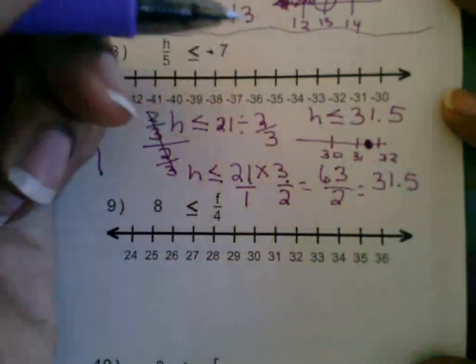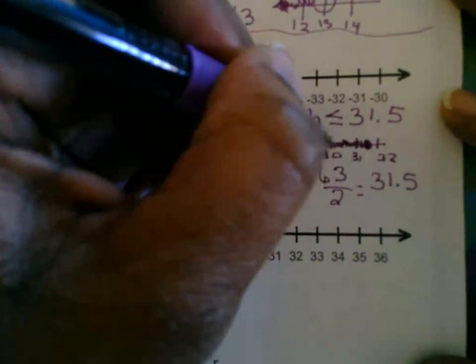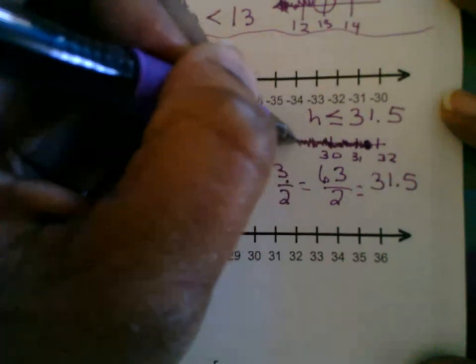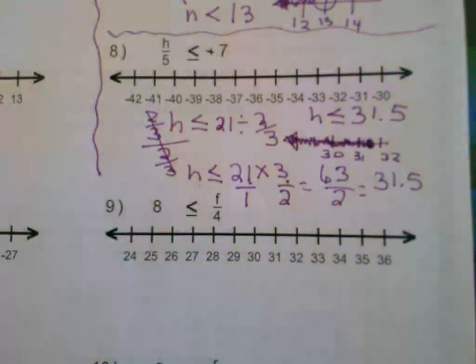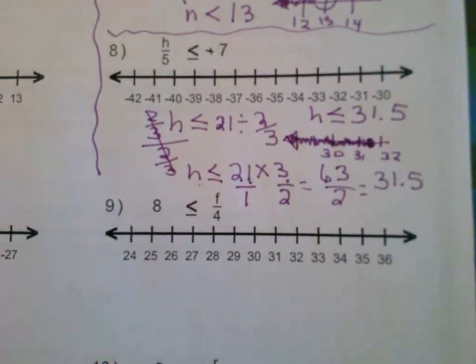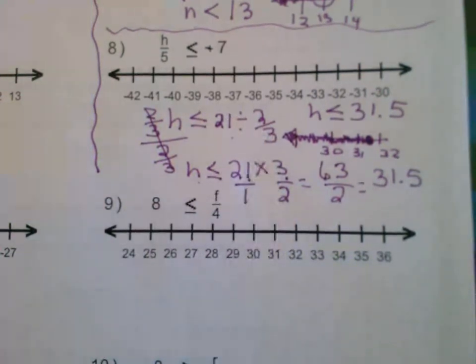A closed circle shaded to the left. It was 21 divided by 2/3. Yes, I changed the equation for the sake of practice.